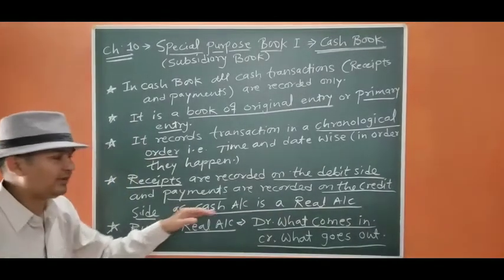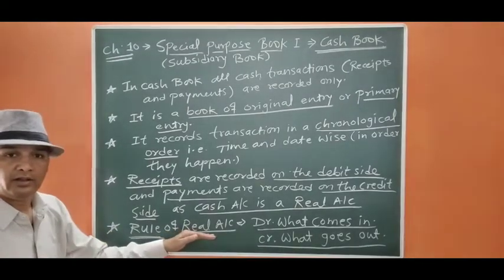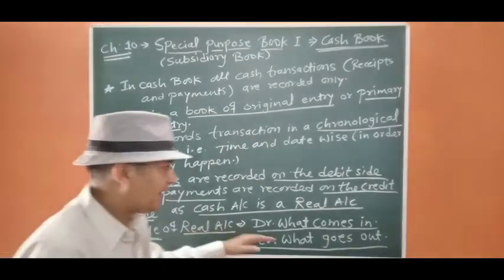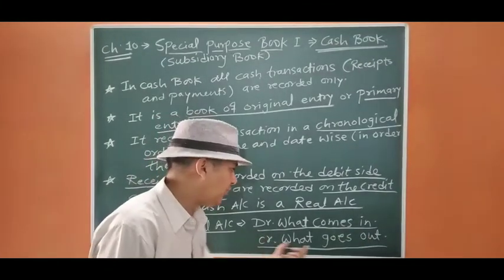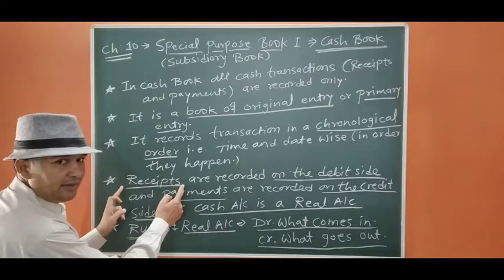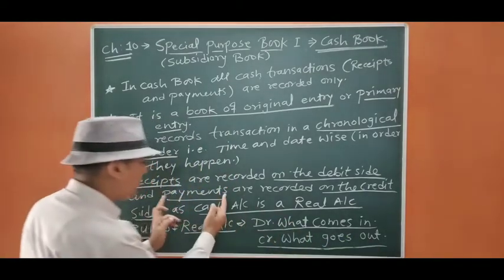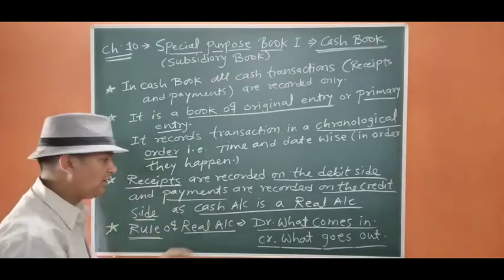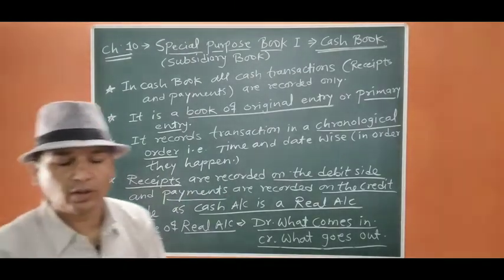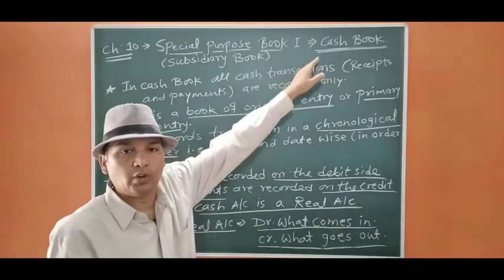The rule of a real account is: debit what comes in, credit what goes out. So debit what comes in, receipt comes in, and credit what goes out, payment goes out. So we apply the rule of real account in the cash book.